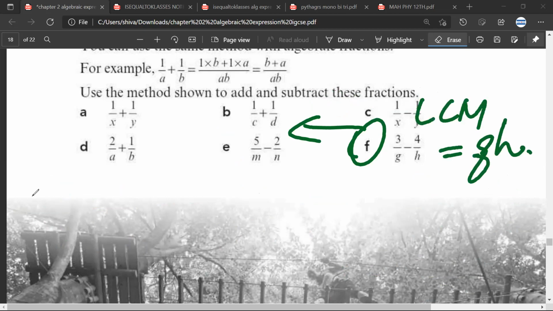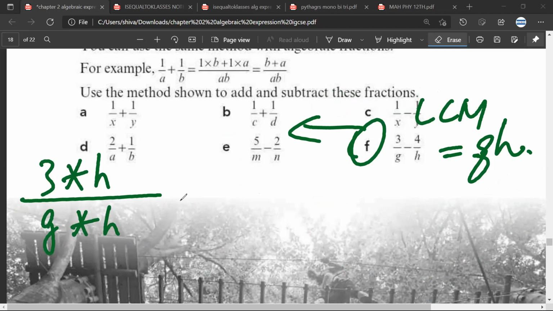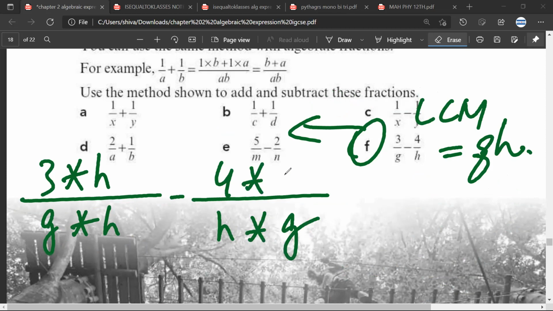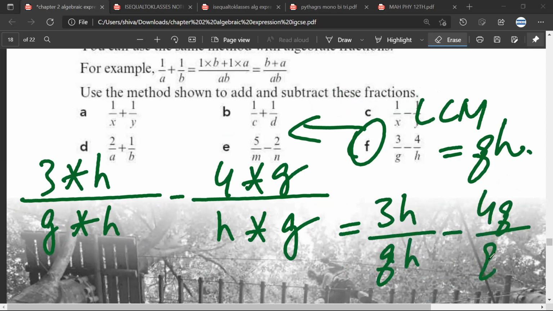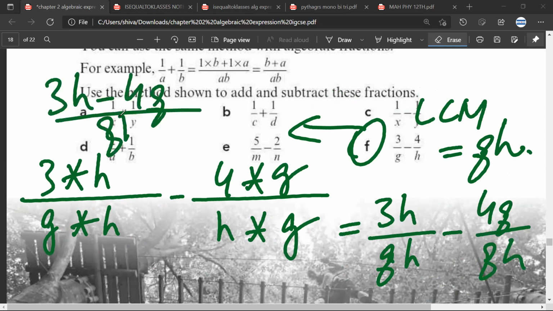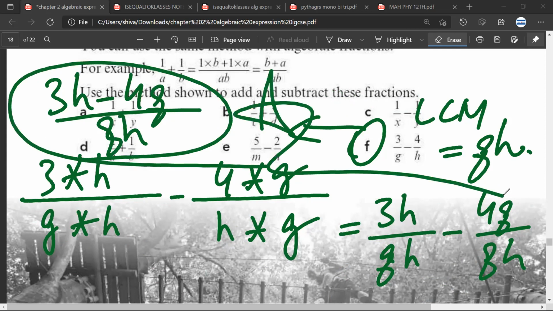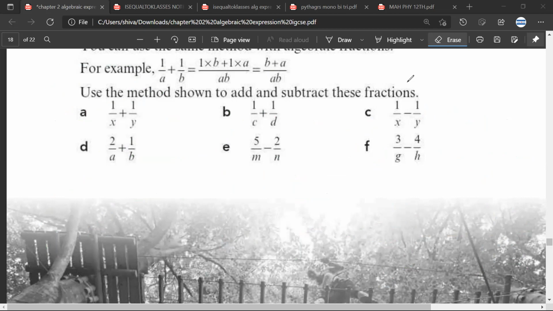So 3 into H upon G into H minus 4 into G upon H into G. So it would be equal to 3H upon GH minus 4G upon GH, which would be equal to 3H minus 4G upon GH. Any doubt? No, sir. Mr. Ariman, any doubt? No, sir. Mr. Sarthak, any doubt? No, sir.